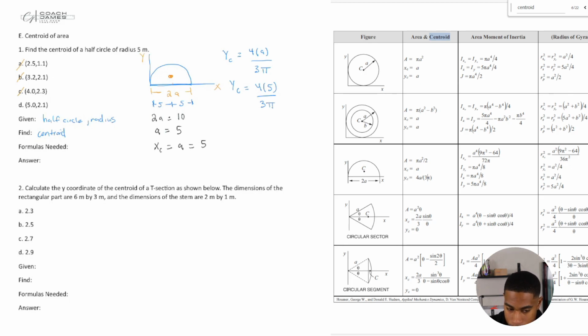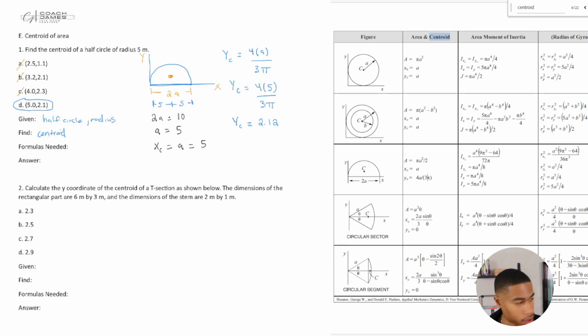When you total that up, you get the y coordinate equal to 2.12. Our answer is in fact D. So just remember, your centroid is going to be a coordinate at the center of your specified area. Something to keep in mind.